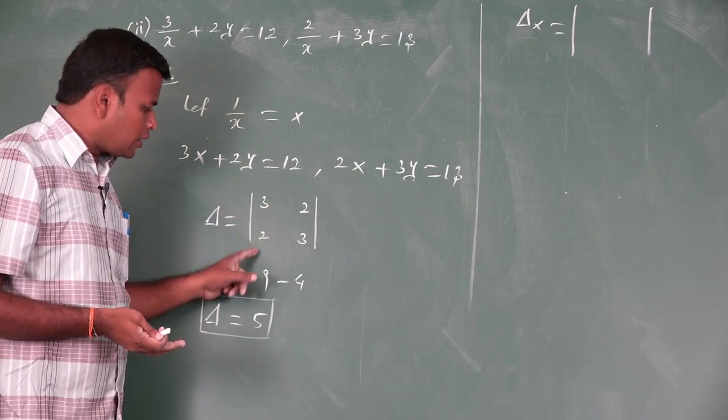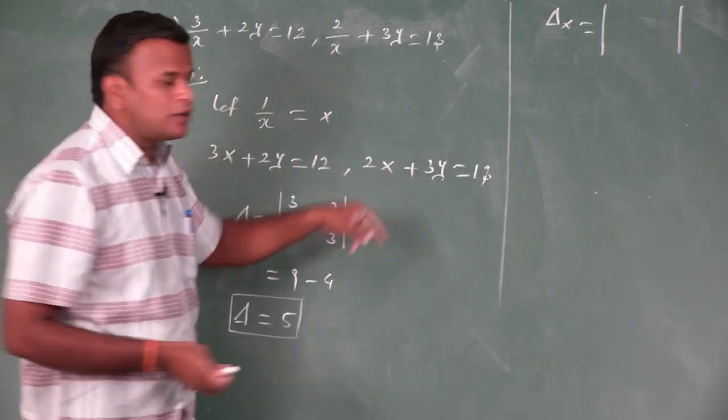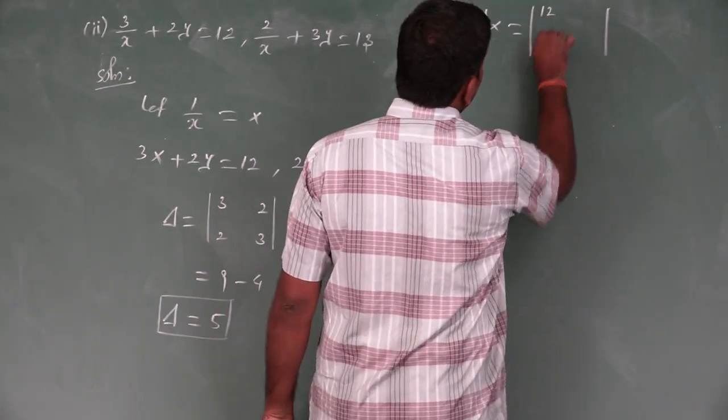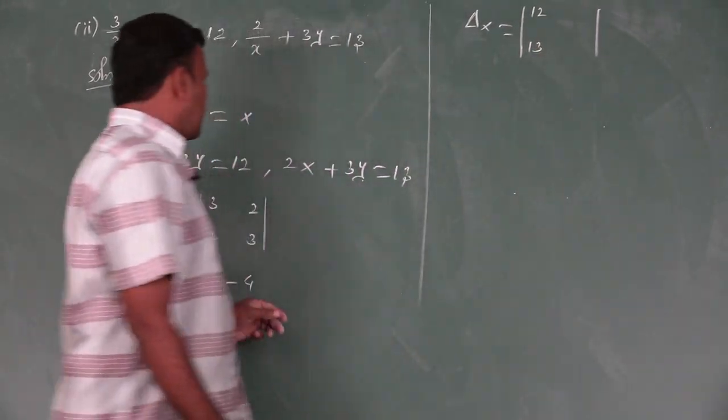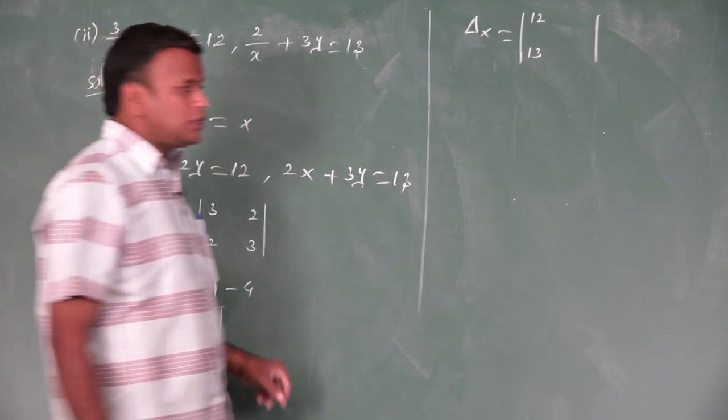So we remove this column and enter the RHS values 12, 13 in the first column. The second column has no change because we are finding del x, so the second column is 2, 3.